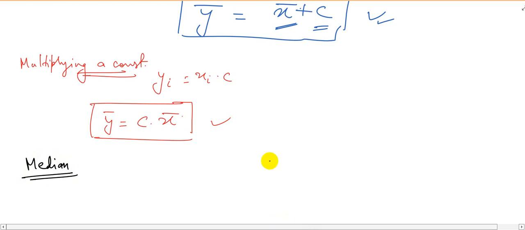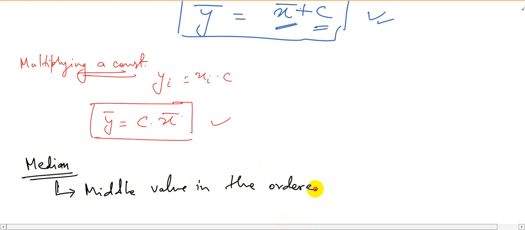Median is nothing but the middle value in the ordered list.